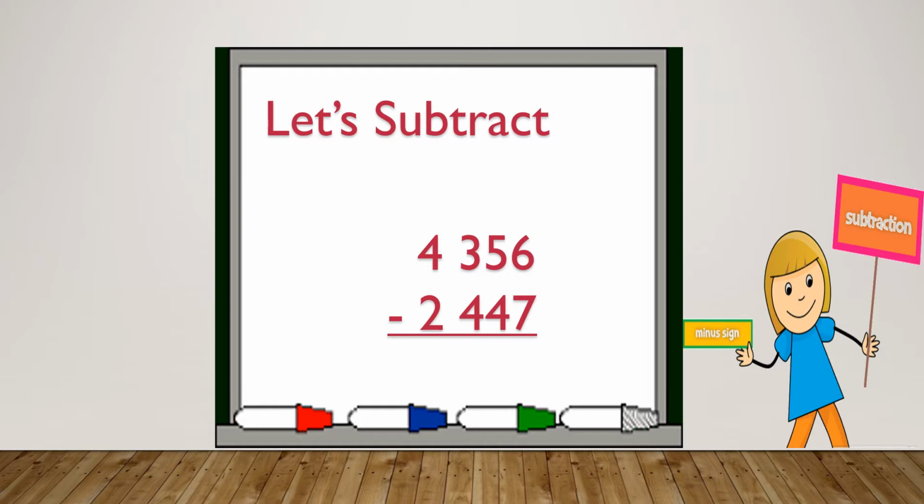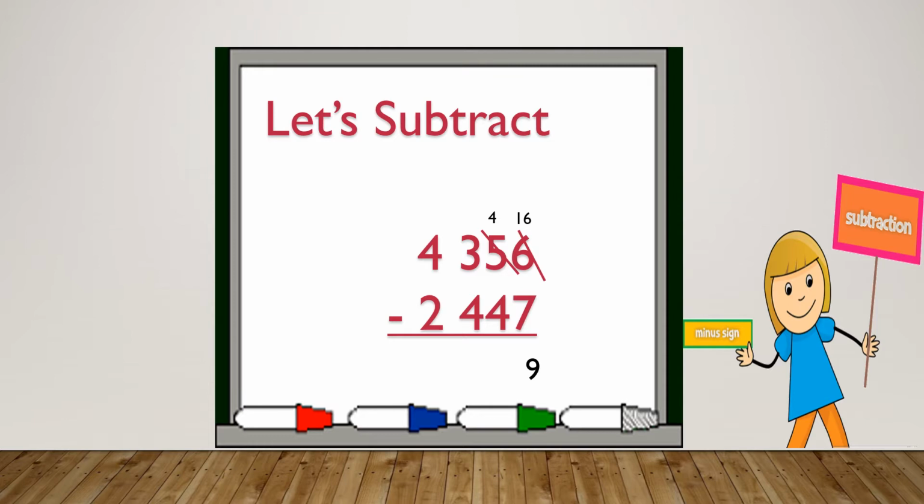So we need to move to the tens place, where we will rename the 5 with a 4. And the one that we took from the 5, we are going to rename now the 6 and make that 16. So 16 take away 7 gives us 9.